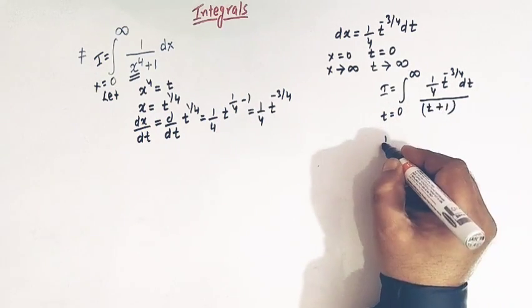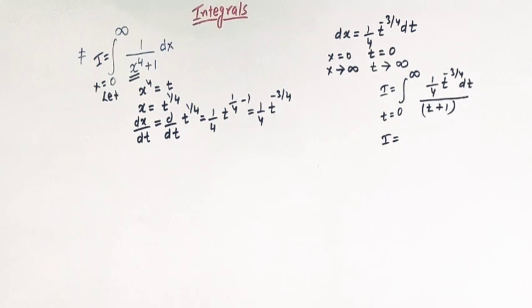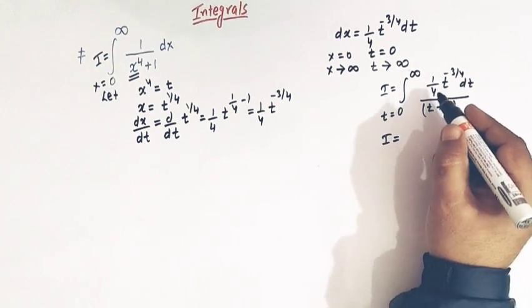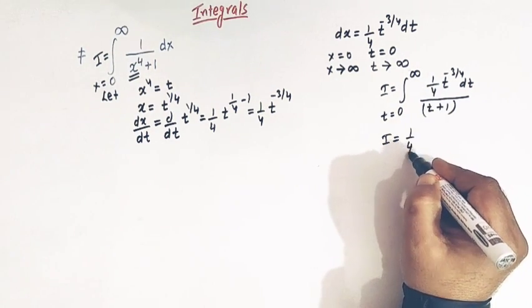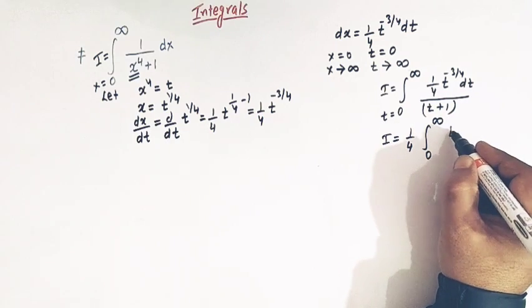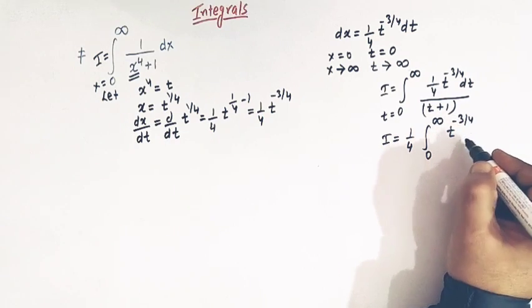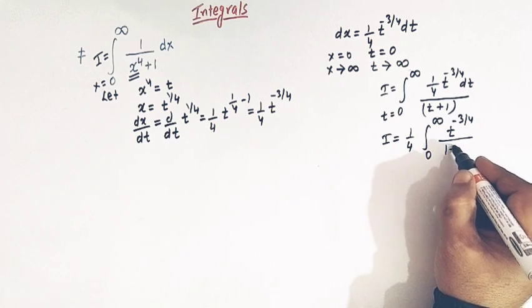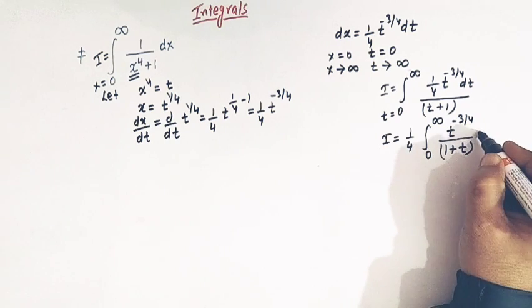So let us rearrange the terms. We can write 1 by 4 outside the integral, 0 to infinity, t raised to minus 3 by 4, and here we have 1 plus t.